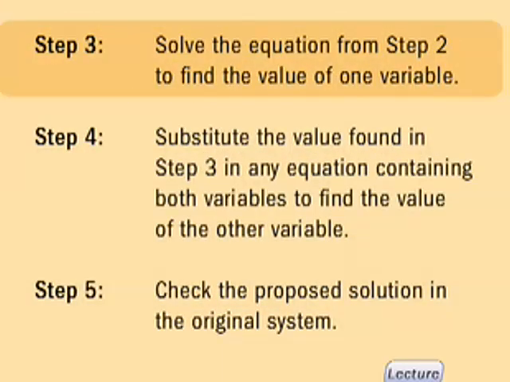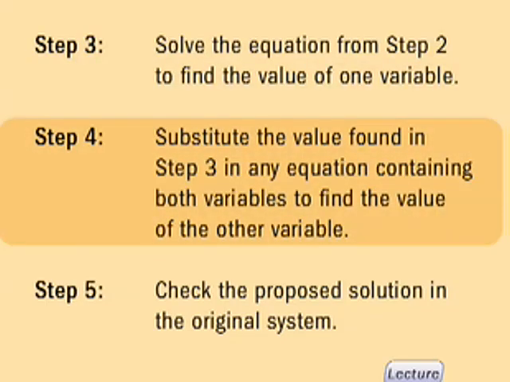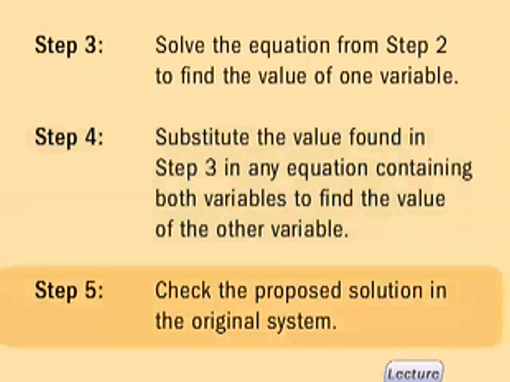Step 3, solve the equation from step 2 to find the value of one variable, and then step 4, substitute the value found in step 3 in any equation containing both variables to find the value of the other variable. And then step 5, check the proposed solution in the original system.